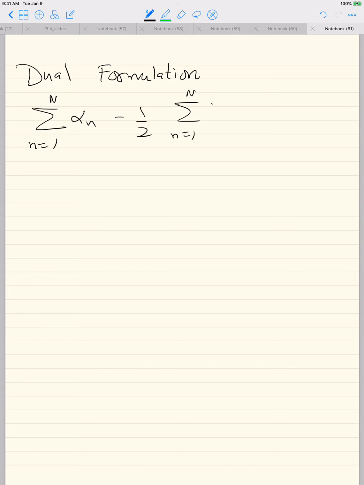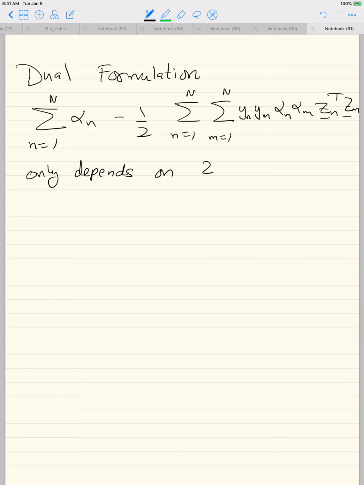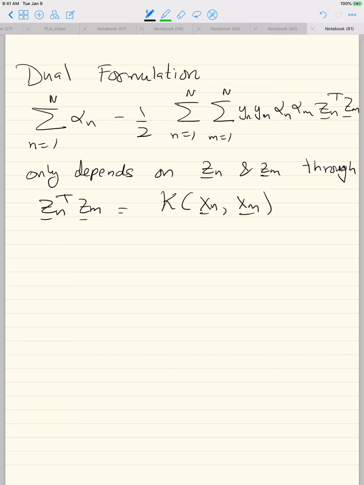So what we can do is, we can now note that the dual formulation, which is the sum over n going from 1 to n, alpha n, ym alpha m times zn transpose zm, this only depends on Zn and Zm through Zn transpose Zm, which is now the kernel function, which can be computed easily using the kernel function.